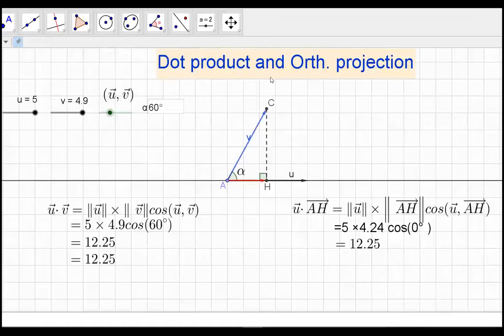Dot product and orthogonal projection. Let H be the orthogonal projection of point C on the straight line holding vector u. Now we need to compare the dot product between the vectors u and v and dot product between u and AH, which is again the orthogonal projection of vector v on the straight line holding vector u.